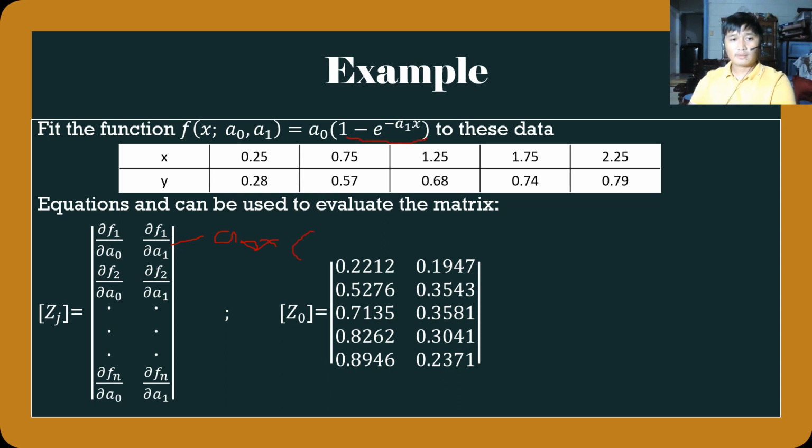Since a sub 0 is, we have guessed the value of 1, and then we have this value of x, we have 5 values for x, so these 5 values correspond to this result. And then the value of a sub 1 is still 1, and then x. So just substitute all that result, we are going to arrive at this result here.